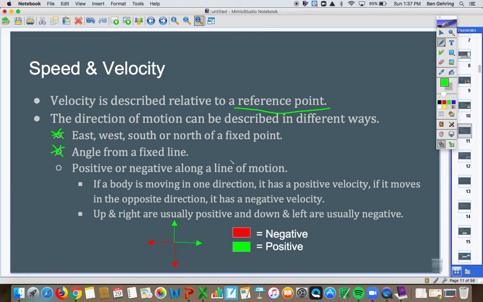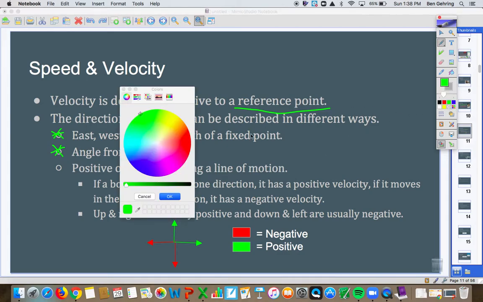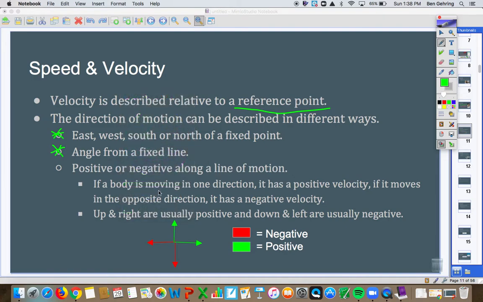And then last but not least, when we do this, we need to have positives and negatives along a line of motion. Typically, in general, if motion is shown as being up and or to the right, we consider that positive. So down here it shows you positive in general is deemed as being in the vertical direction or up.